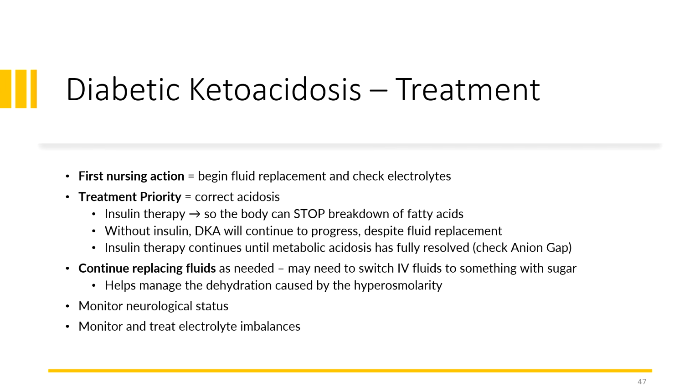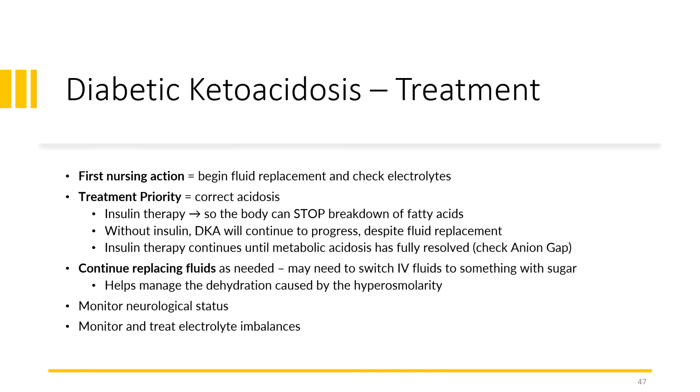All right. So it needs to be given slowly so that the body can start utilizing the blood sugars for energy so that it can reverse the process of breaking down the fats and the proteins. Right. Insulin therapy will continue until that metabolic acidosis has fully resolved.